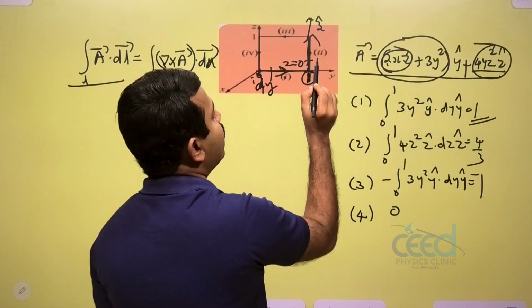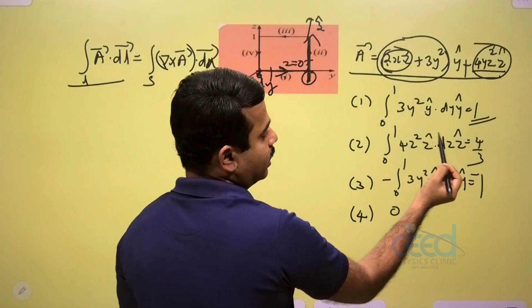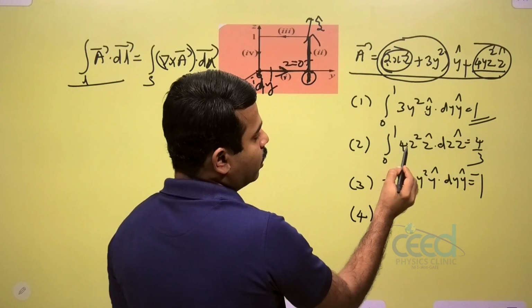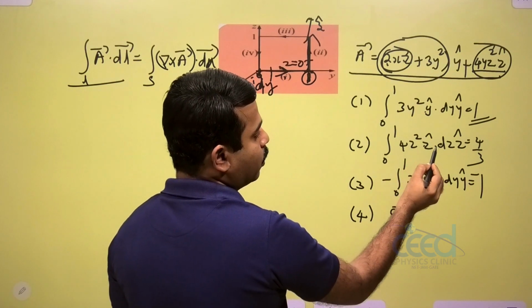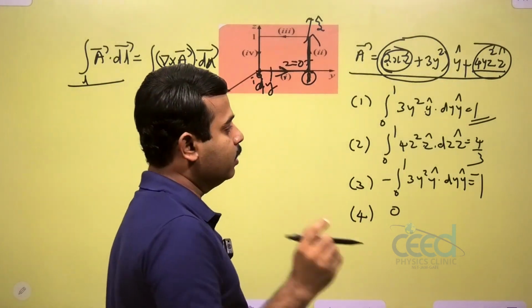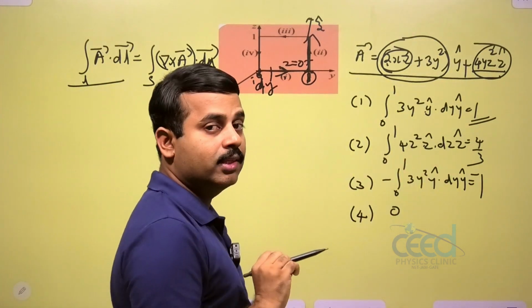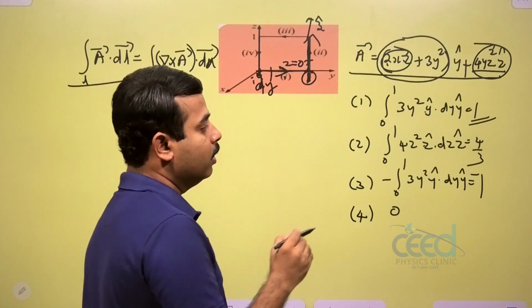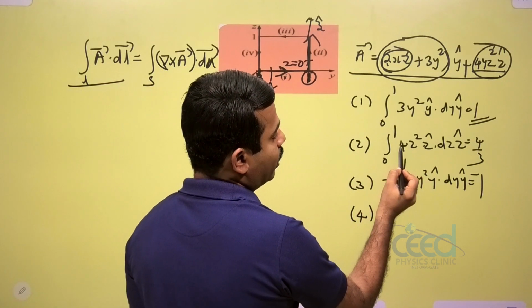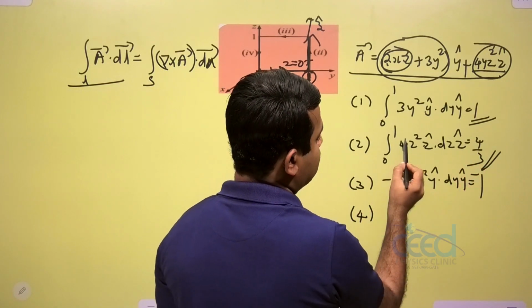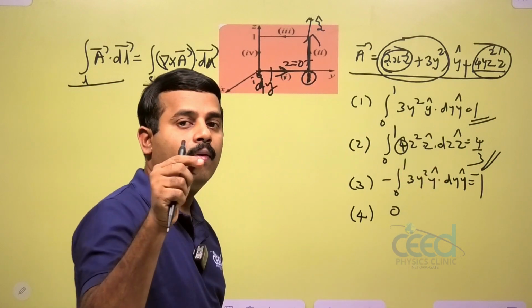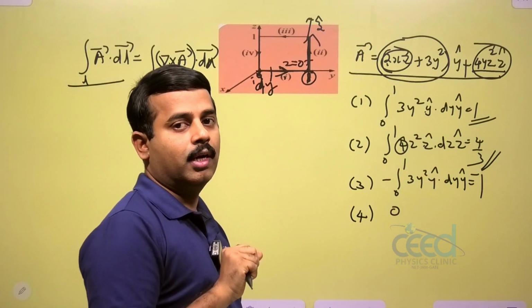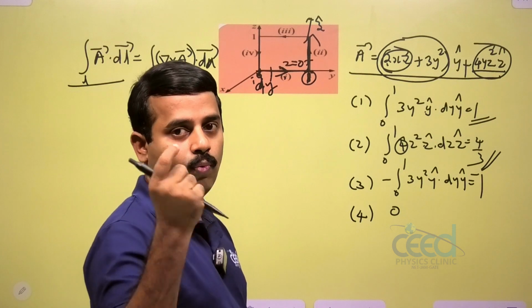The length element is dz z cap. Now 4 times z square z cap dot z cap is 1, so the integral of z square dz is z cube by 3. With limits 0 to 1, we get 4 by 3 as the answer, since z cube turns into 1.